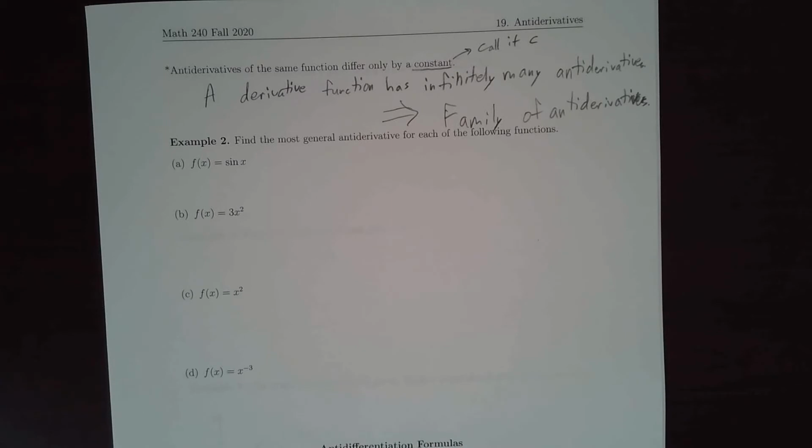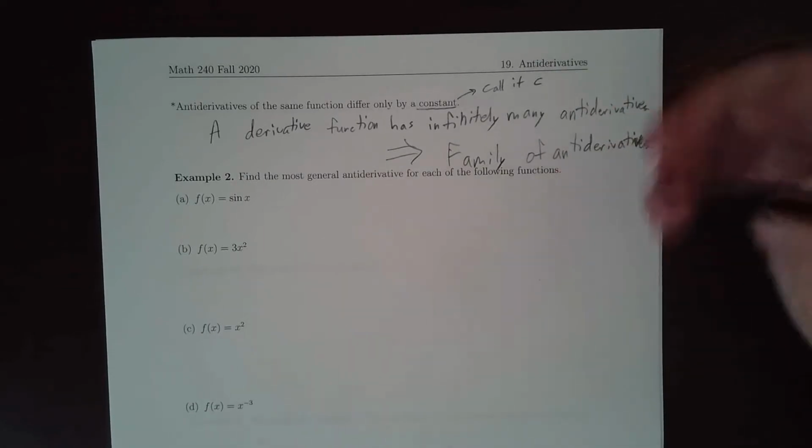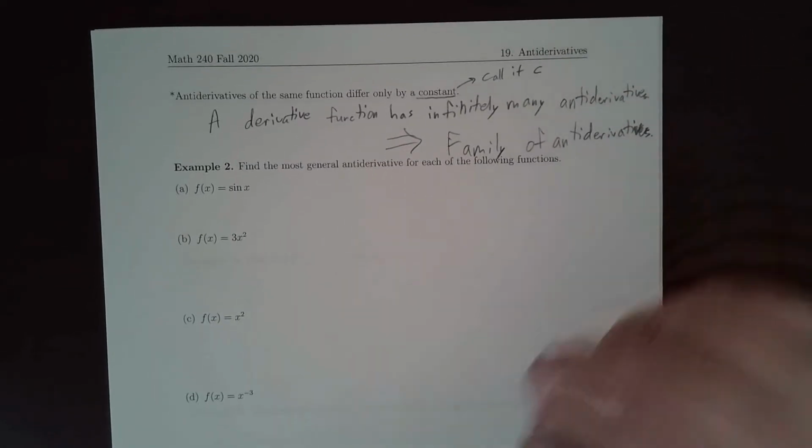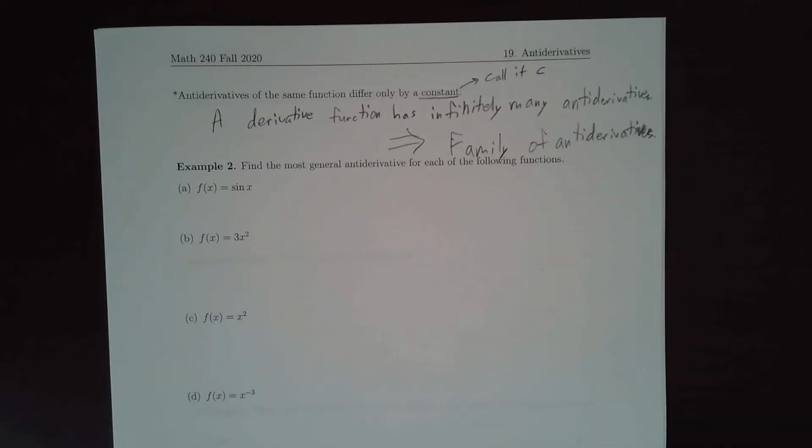So let's say we wanted to find the most general antiderivative of each of the following functions. What we know is that we have this entire family of functions, since there could be some constant that was added each time. So essentially, we'll take every single function we have, take the antiderivative of it, and add c.